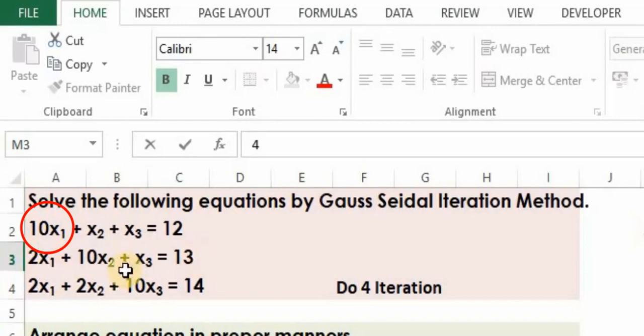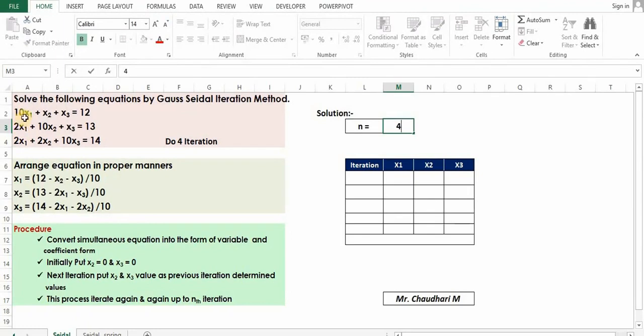Similarly, in the second equation 10 is also the maximum value, and in the last equation 10 is also the maximum value. So we have to put the larger value first as the coefficient, which means we apply partial pivoting. This arrangement is already partial pivoting, so there is no need to create it again.